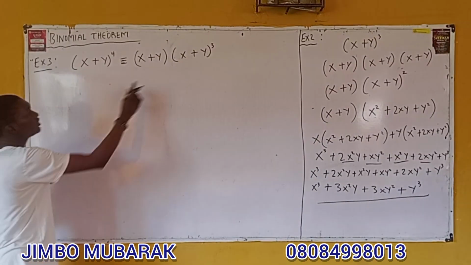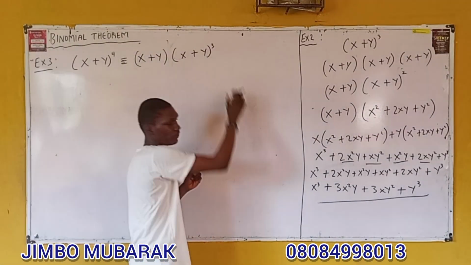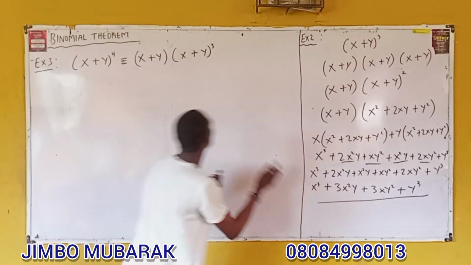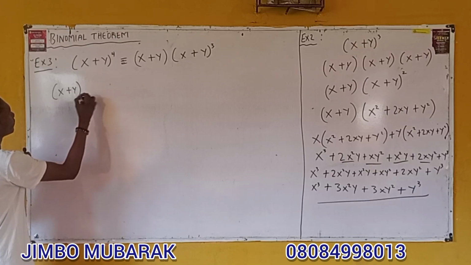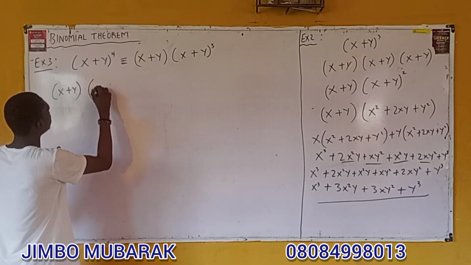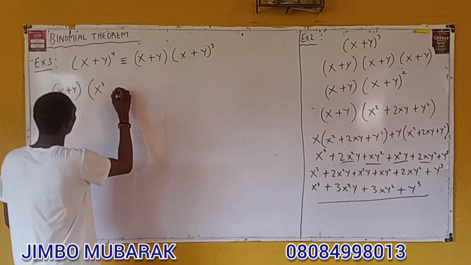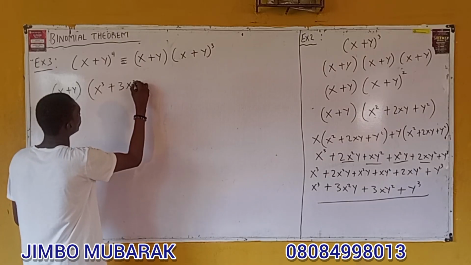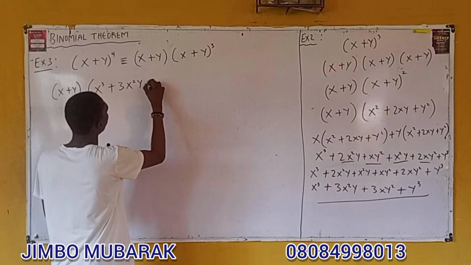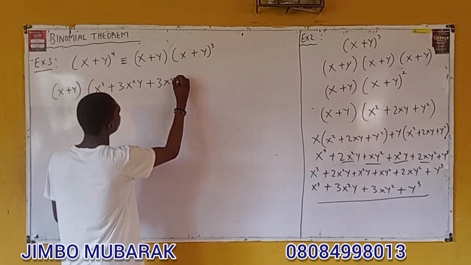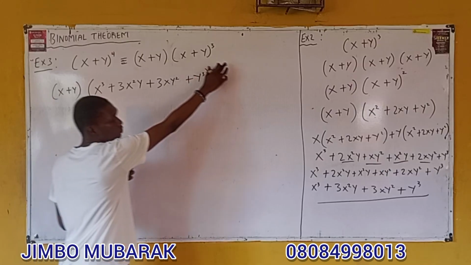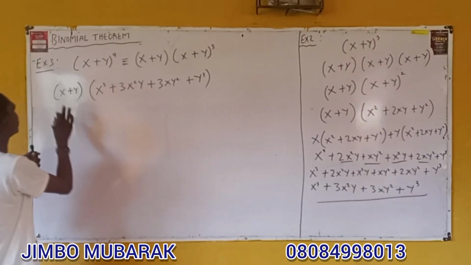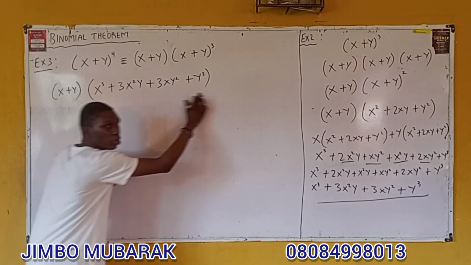So for this one, we already got our answer for (x + y) raised to the power 3. Here it is. We have what? (x + y) in brackets, call it for me. x cube plus 3x square y plus 3xy square plus y cube. So this is our expansion for this. So now multiply (x + y) by all this.